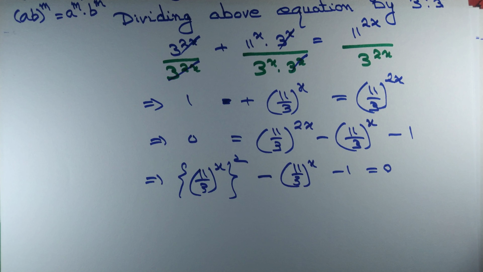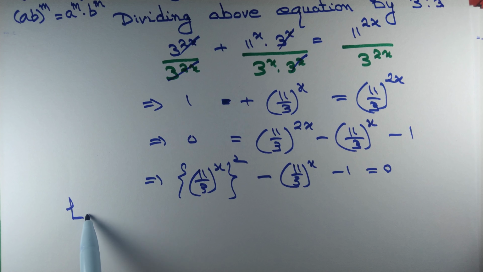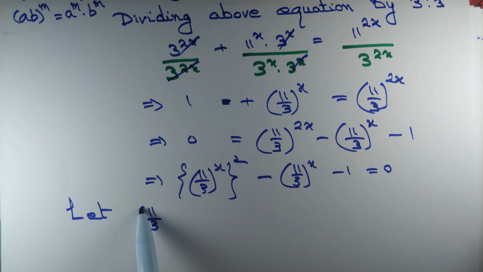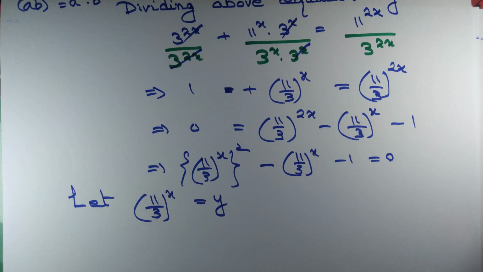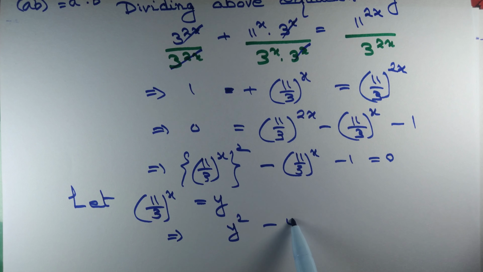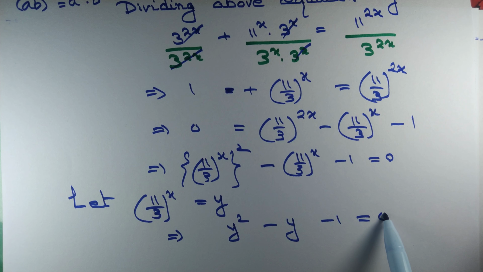Now we have something like a quadratic equation. If we let 11 by 3 to the power x equal to y, then we have a simple equation: y square minus y minus 1 equal to 0.